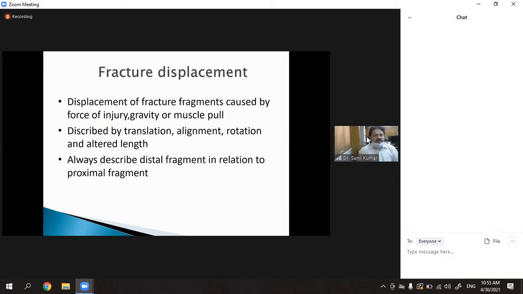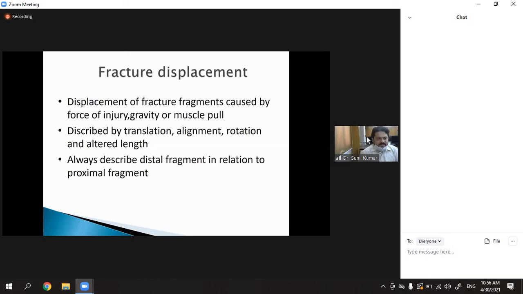Then we can classify fracture according to the displacement of the fracture caused by force of injury, gravity or muscle pull, and describe it by translation, alignment, rotation and altered length. Always describe the distal fragment in relation to the proximal fragment. We have to describe the distal fragment in relation to the proximal fragment for the displacement.